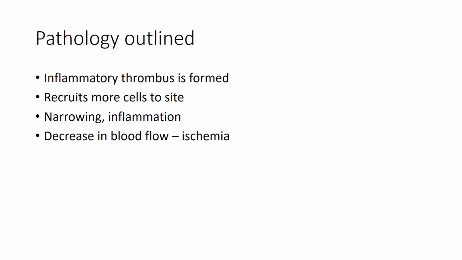And as this process continues further, as the inflammation proceeds, the blood clot becomes bigger, and there is fibrosis of the vessel walls, which leads to the narrowing of the blood vessel and ultimately causes decrease in the blood flow and leads to ischemia. Now, if you see the word meaning of ischemia, it's nothing but the effects seen in the tissues because of less blood supply or hypoperfusion of the tissues.